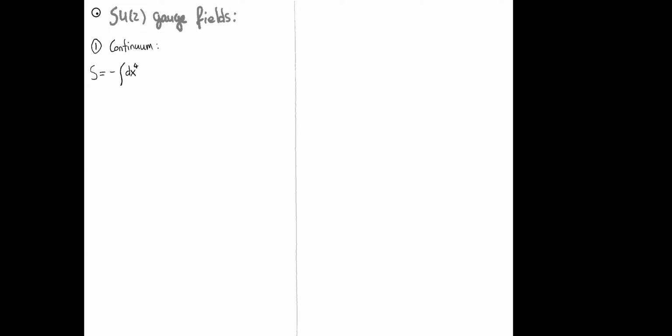So the theory I'm going to consider is this one: trace of G mu nu squared, where G mu nu is my SU2 gauge field, the simple generalization of the F mu nu of electromagnetism, and then coupled to some scalar doublet, D mu phi dagger, D mu phi. And so when I write that, G mu nu is really my SU2 field strength tensor.